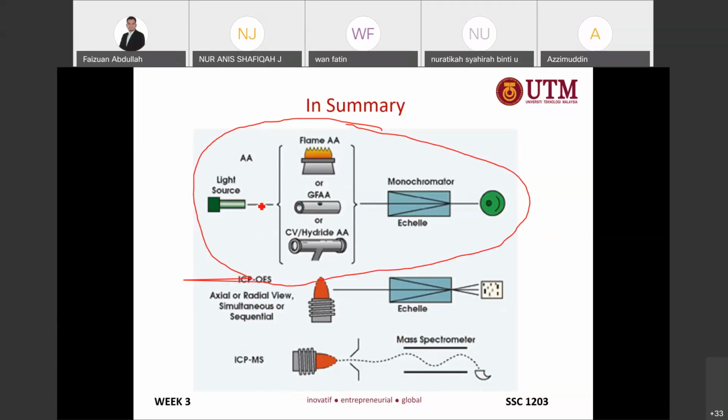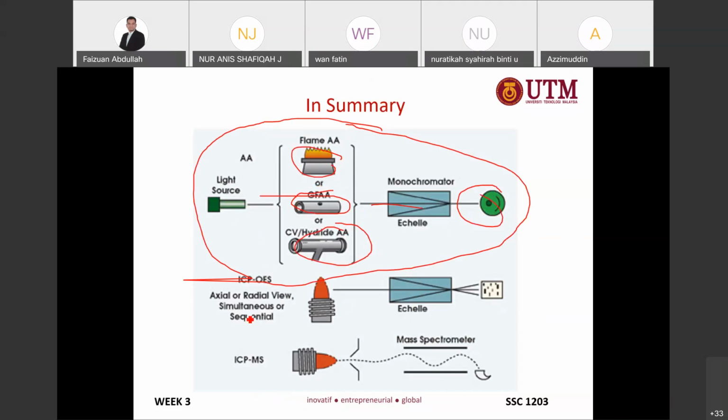We have a light source, and then the sample will be atomized, either using flame, graphite furnace, or cold vapor or hydride generation. And we have our monochromator and detector.